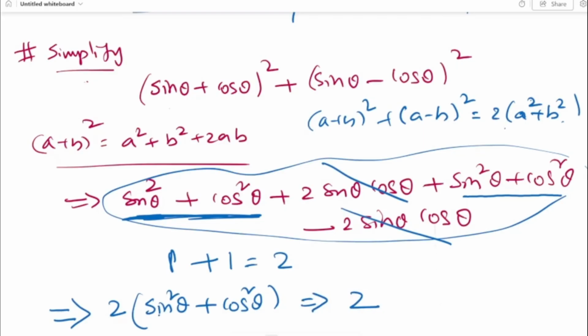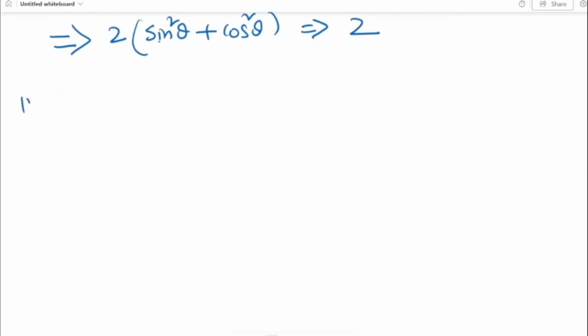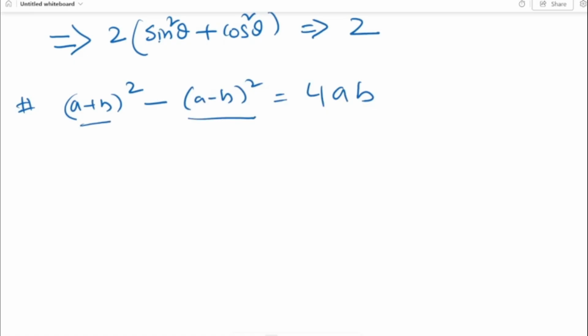Now, one more formula I want you to remember: a plus b whole square minus a minus b whole square is 4ab. I'm not sure if I mentioned it earlier. How? Because when you expand this and subtract, a square cancels off, b square cancels off, and you're left with 4ab.